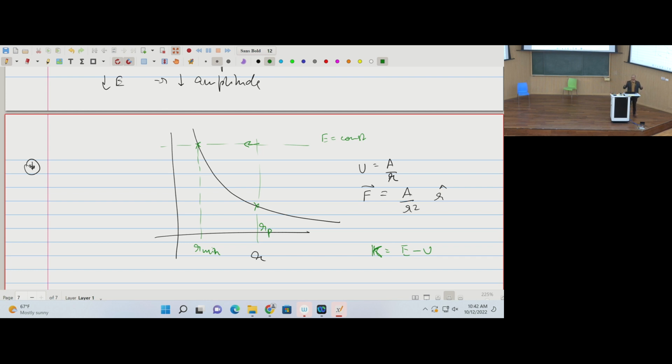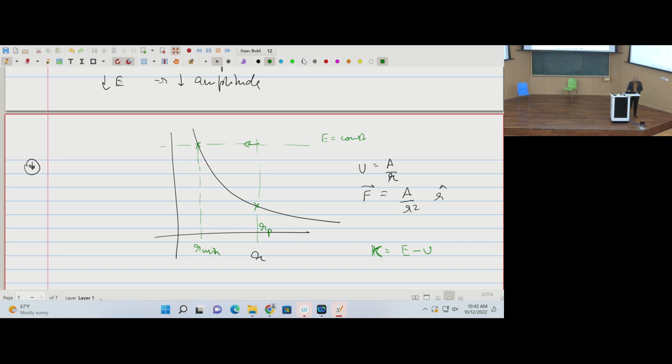Now I told you the particles collide at R min, right? It's as if they are colliding. I mean, this particle was coming closer and closer. It hit at R min because it cannot go any closer, and then it rebounded. But what if I shot this particle with a larger energy? Will it collide at R min or a different distance? It will come closer, right?